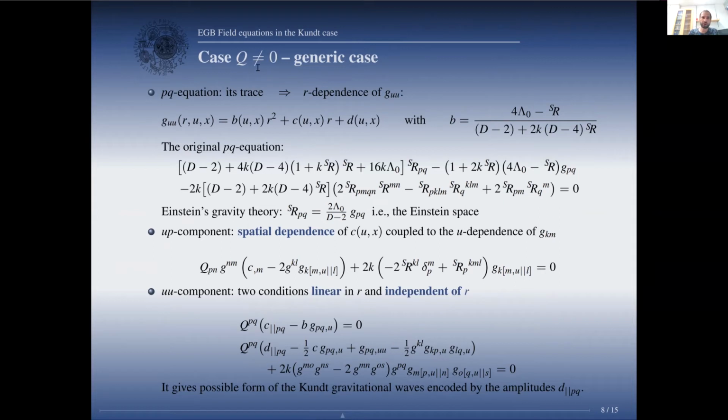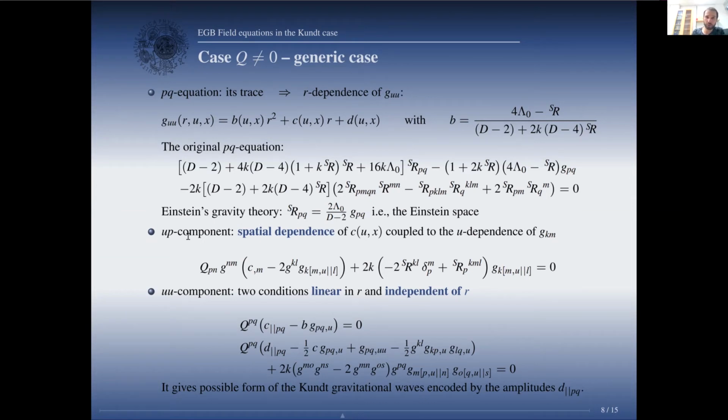In this generic case, it means that Q is non-vanishing, its trace is non-vanishing, and therefore also the tensor quantity is non-vanishing, and we can simply integrate the r dependence of the g_u metric function, specifying the leading coefficient of the quadratic term. The PQ equation then gives another constraint for the transverse space geometry.